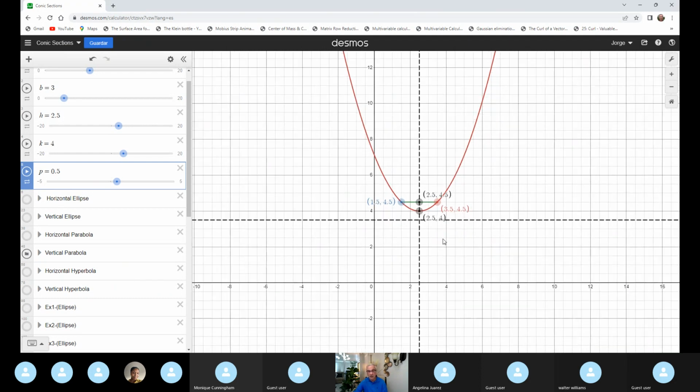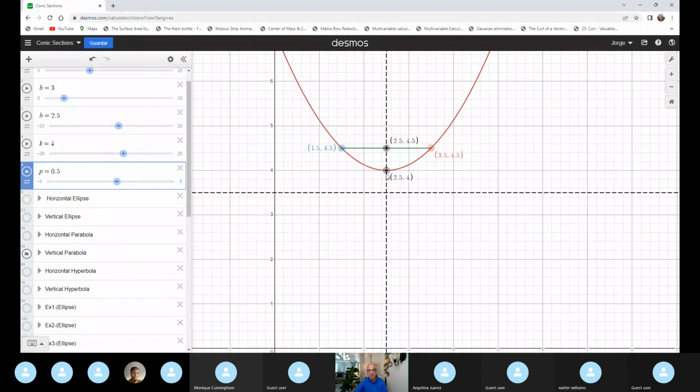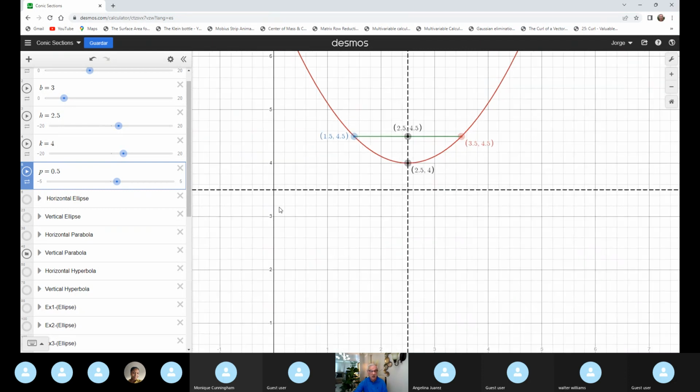Bang, and you see anything? You see vertex 2.5, 4, focus 2.5, 4.5, endpoint of the focal diameter, symmetry axis, and eccentricity. Okay, the line y equals something, no? Y equal 3.5, I guess so, no? Because it's in between 3 and 4, it's 3.5, absolutely.